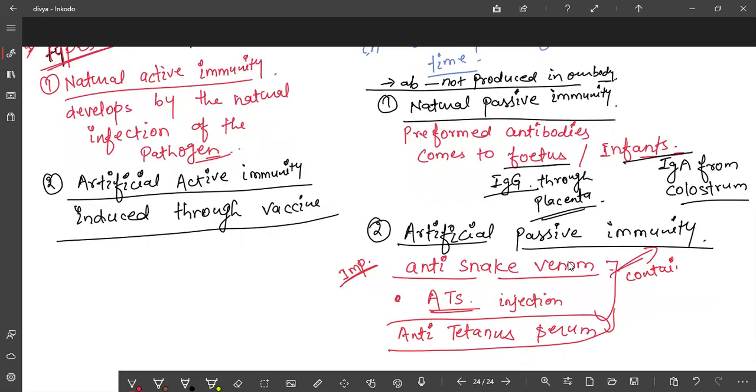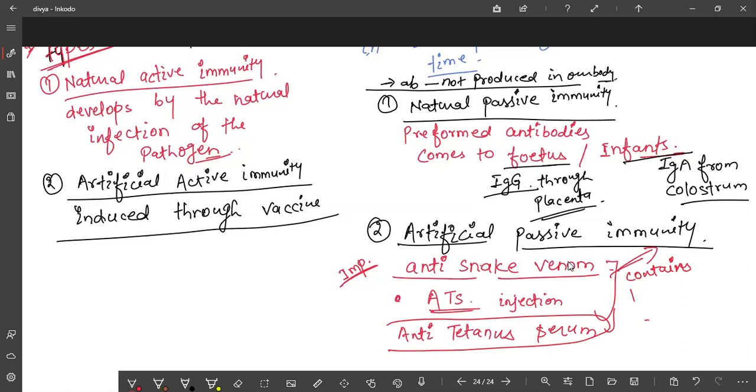Those prepared antibodies come with the help of an injection. They are not coming naturally. So which part of the classification will it come under? Artificial passive immunity.